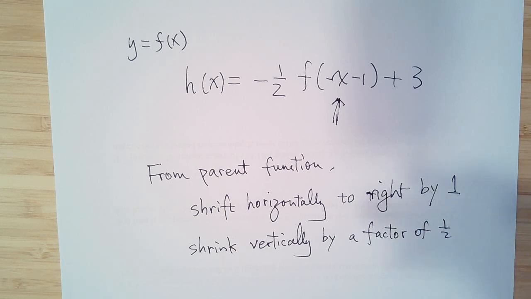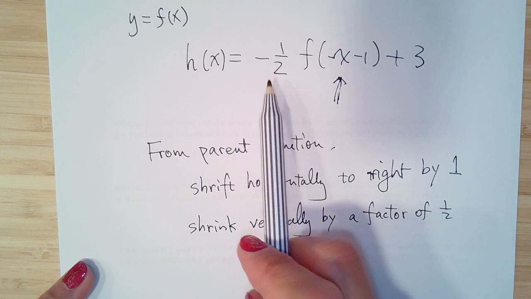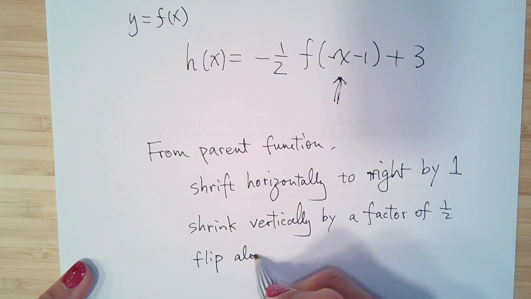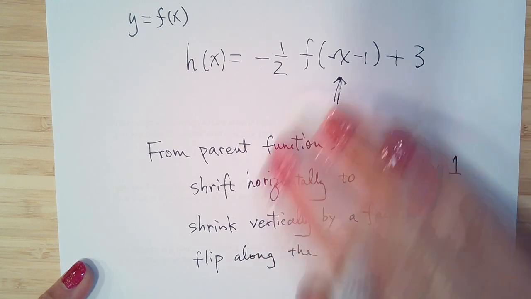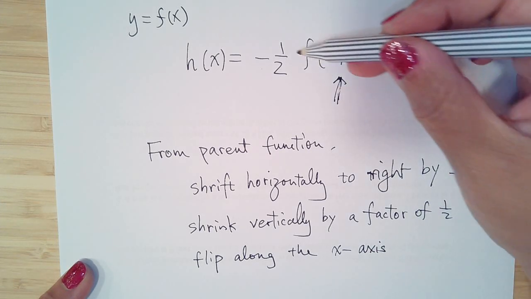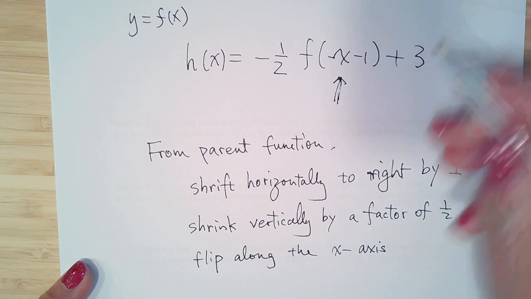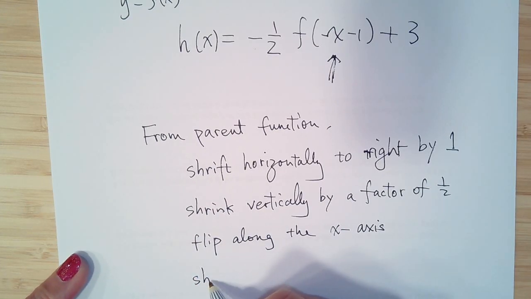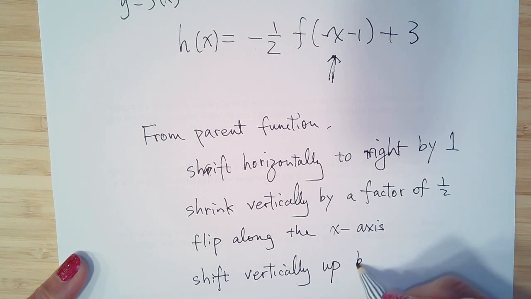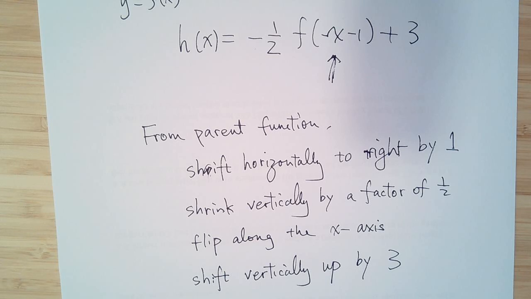So you press it down. But don't forget there's a negative sign, so you're going to flip along the x-axis. Then the last step, you're going to shift vertically up by 3 units. Okay, it's complicated.